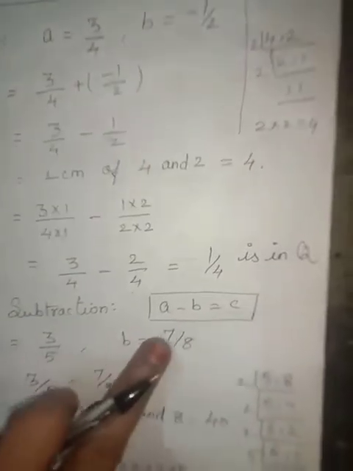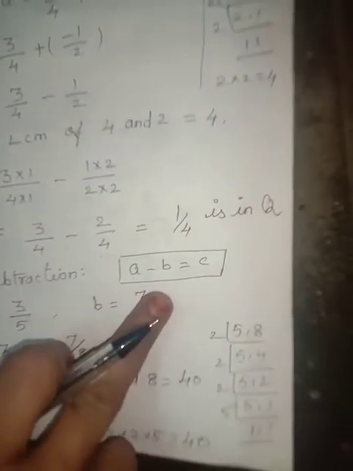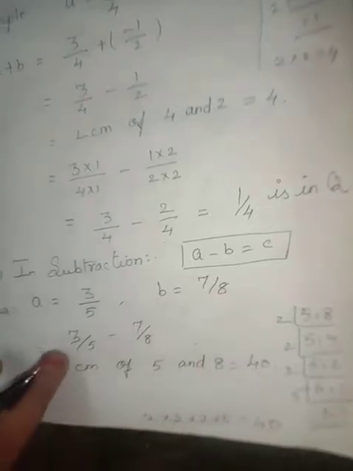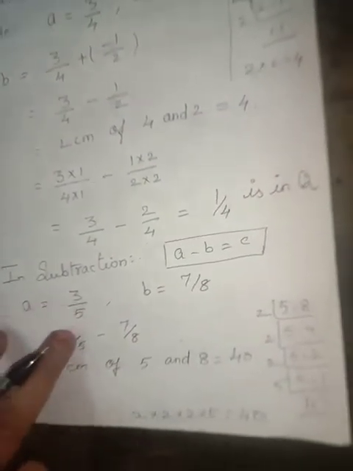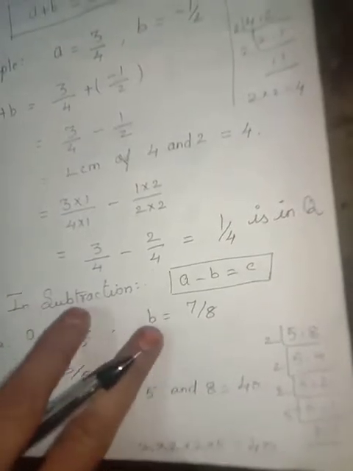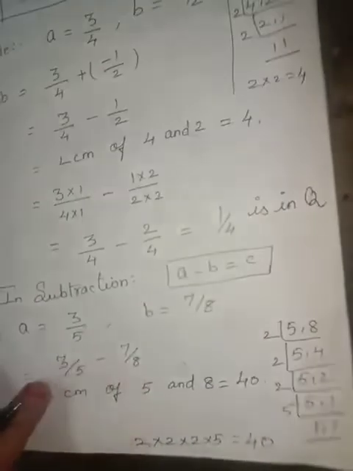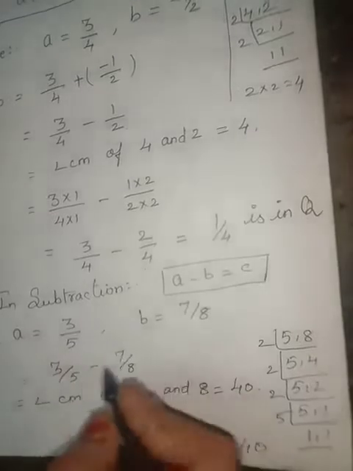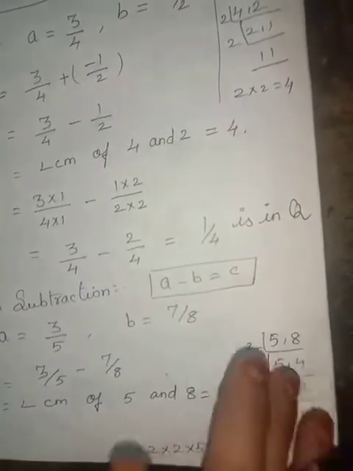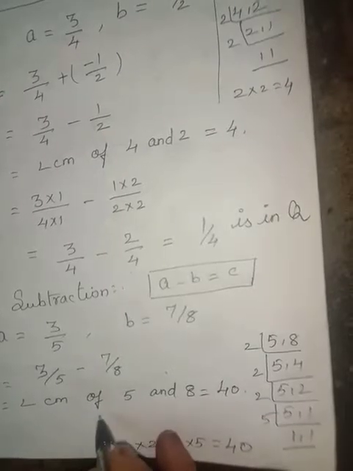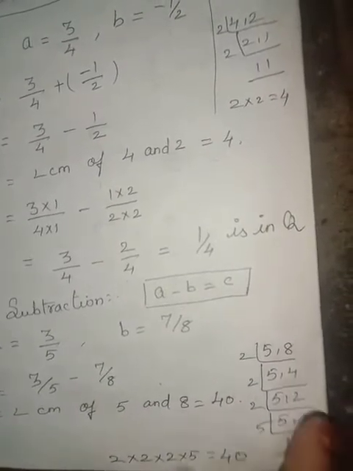If we subtract any two rational numbers, the result is also a rational number. In subtraction, we take a is equal to 3 by 5, b is equal to 7 by 8. Subtracting these two rational numbers, the denominators are unlike, so we make them like denominators. For that we take the LCM of 5 and 8, we get 40.